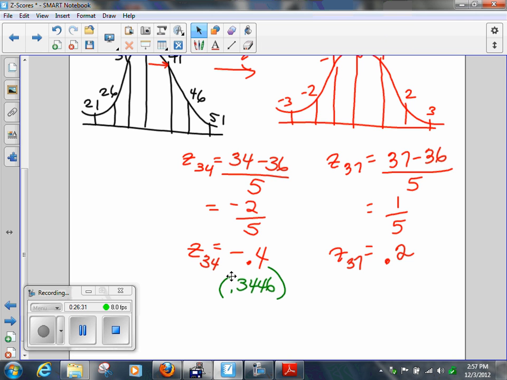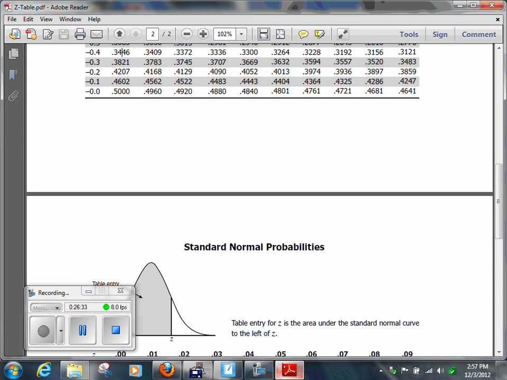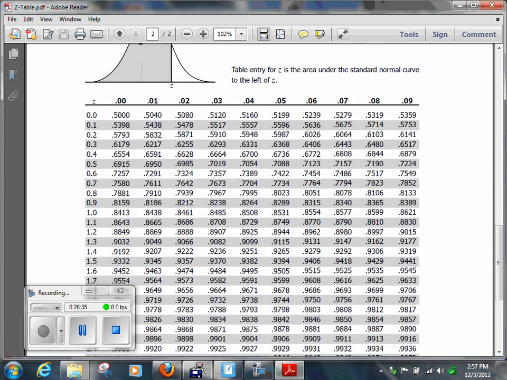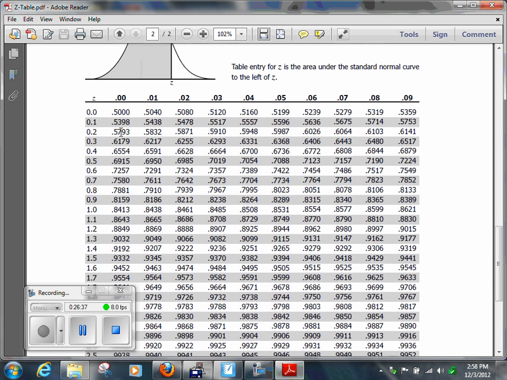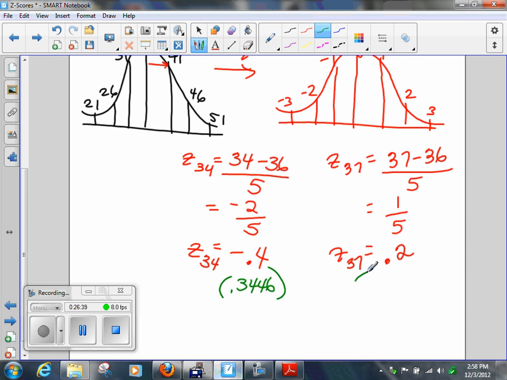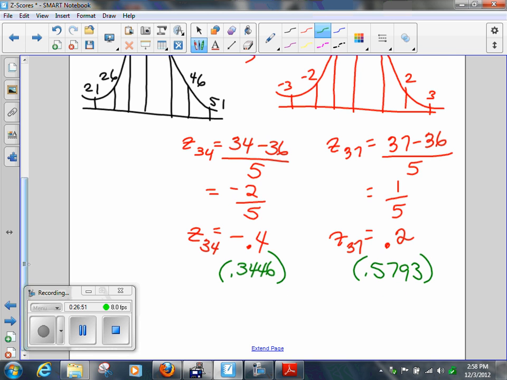I want to go to 0.2. So find my value when it's 0.2. 0.5793. Now, what do I do with that? Here's what I do. I'm going to go back.